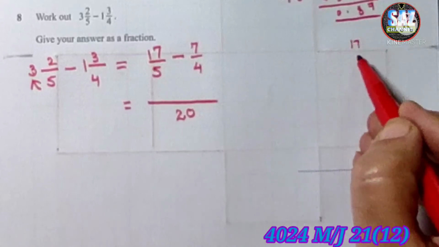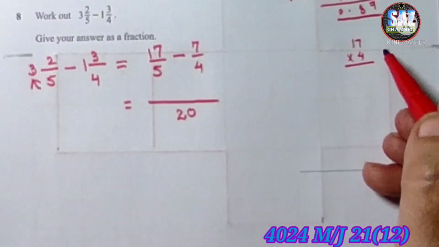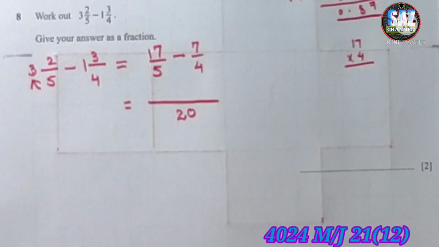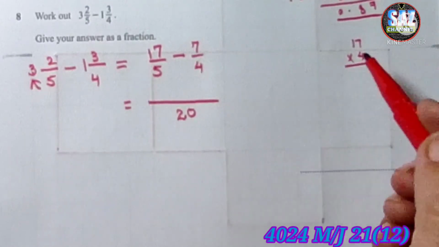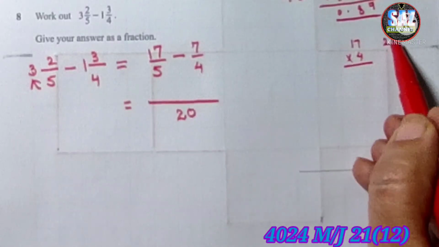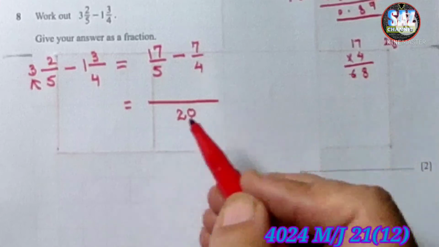But let me confirm this. Before going to the actual working, because this is a really easy question, we can easily secure 2 marks. We should have no mistake in such questions. 17 4s: 7 4s are 28, 4 1s are 4 and 2 is 6, and this becomes 68.